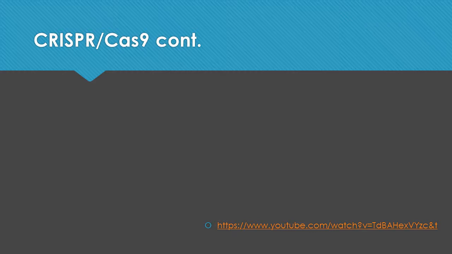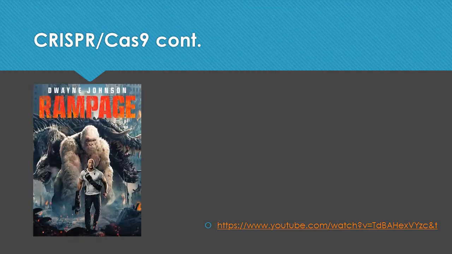Still on the CRISPR-Cas9 topic, if you watch a movie called Rampage, where the hero is Dwayne Johnson, you can see they talk about the CRISPR-Cas9 technology where they produce a super strong animal in the movie.